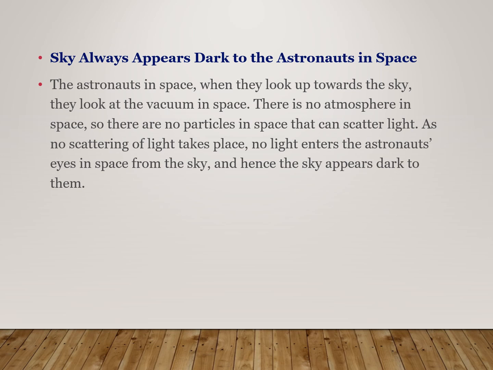There is no atmosphere in space, so there are no particles that can scatter light. As no scattering of light takes place, no light enters the astronauts' eyes from the sky, and hence the sky appears dark to them.